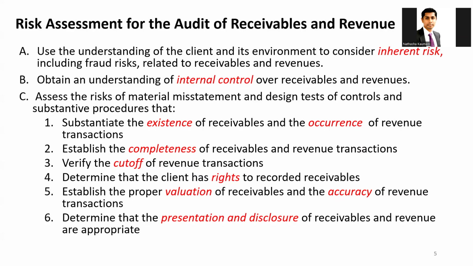We call that design effectiveness. And then we try to understand whether their internal controls are operating effectively. That means we call operating effectiveness. So we try to understand design effectiveness and operating effectiveness of those internal controls.